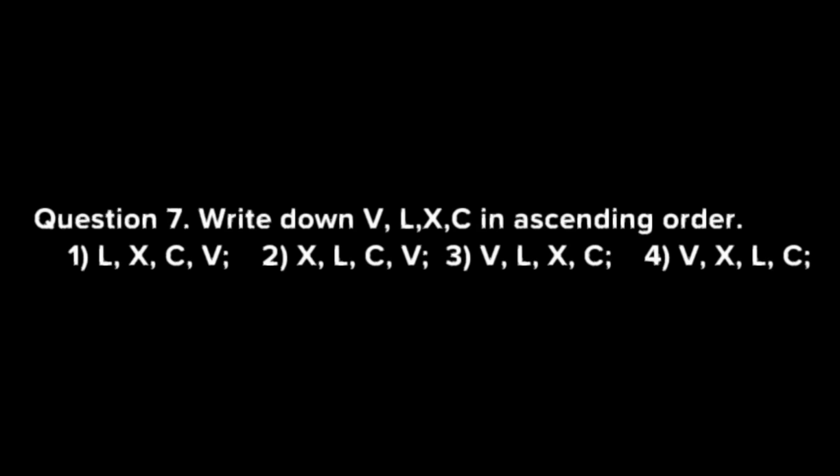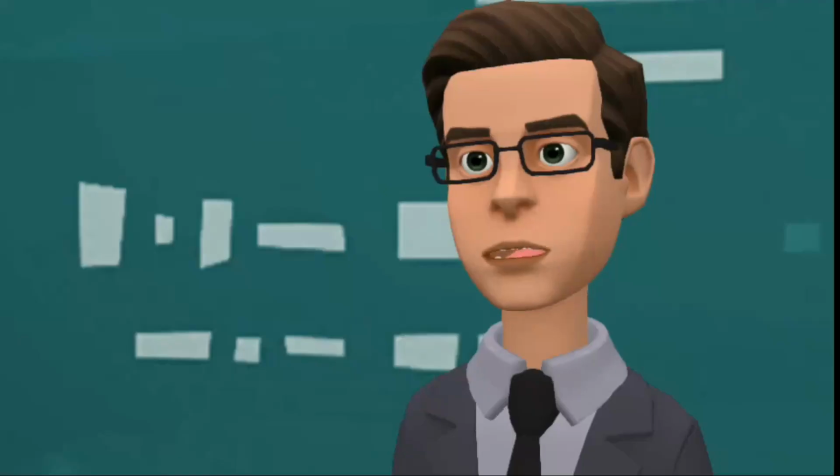Question 7. Write down V, L, X, C in ascending order. 1: L, X, C, V; 2: X, L, C, V; 3: V, L, X, C; 4: V, X, L, C. Next.